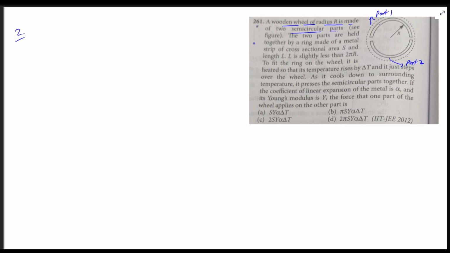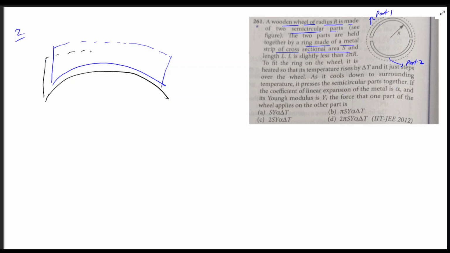They are held together by a ring made of metal of cross-sectional area S. So this is our strip, and this is our wheel. And this shaded area is actually S.